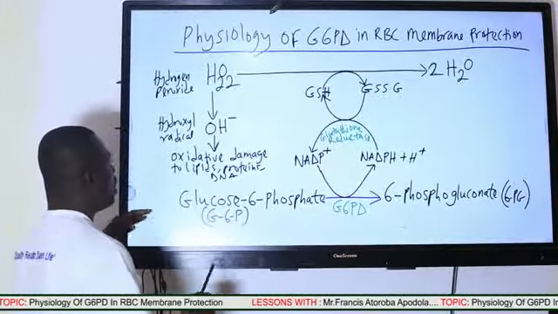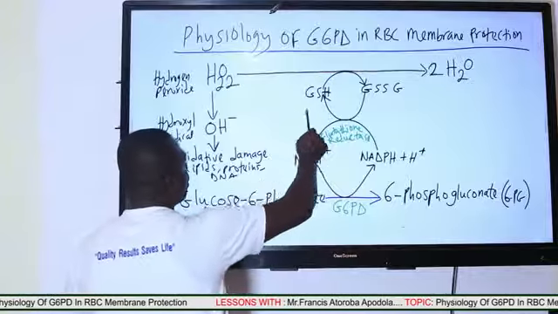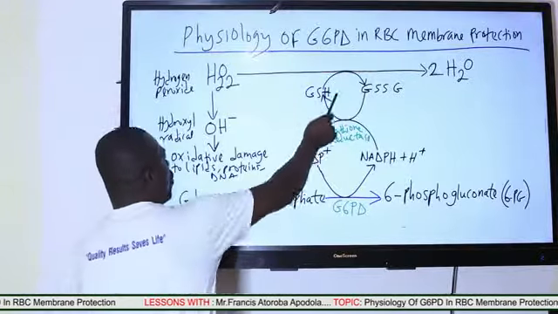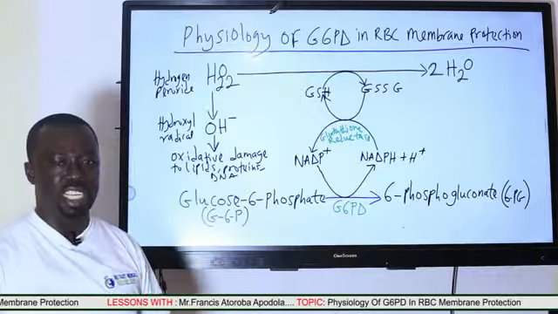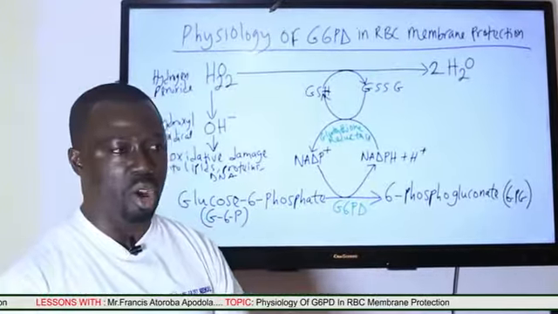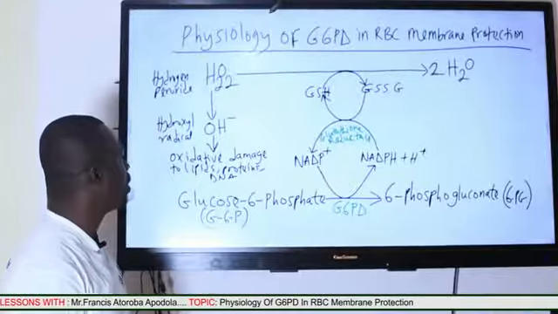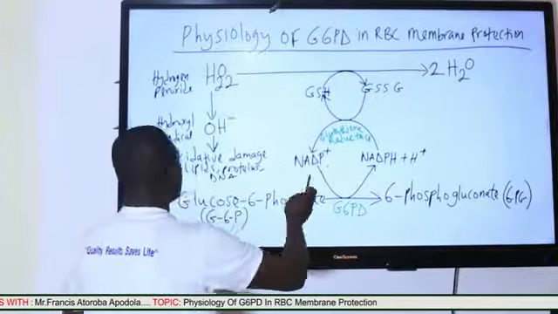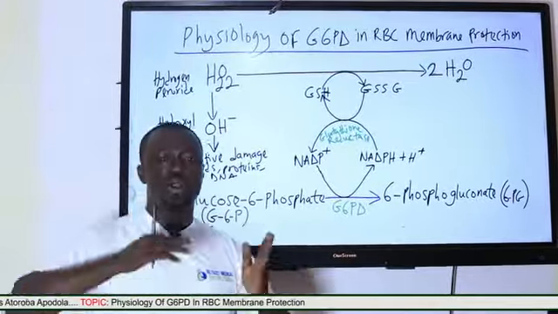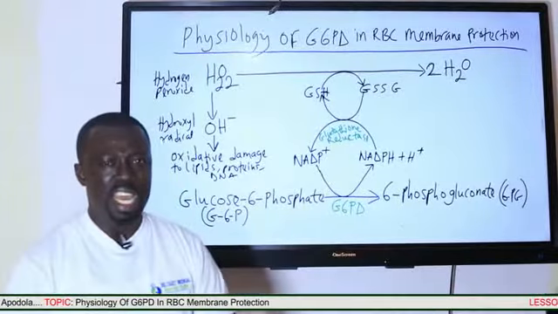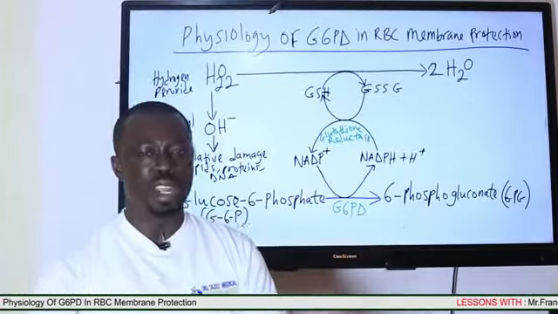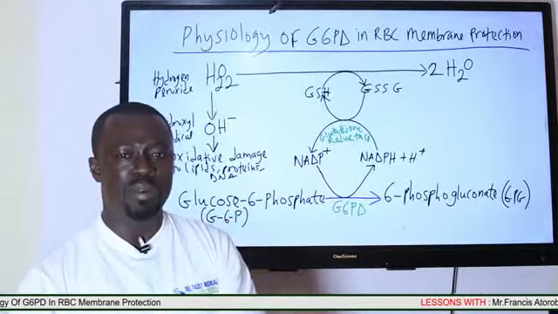So now that we form the reduced glutathione, this reduced glutathione, which happens to be the most potent or powerful antioxidant in the cells of the living system, will now act on reactive oxygen species such as superoxide free radicals, and these are generated during mitochondrial respiration and drug metabolism.